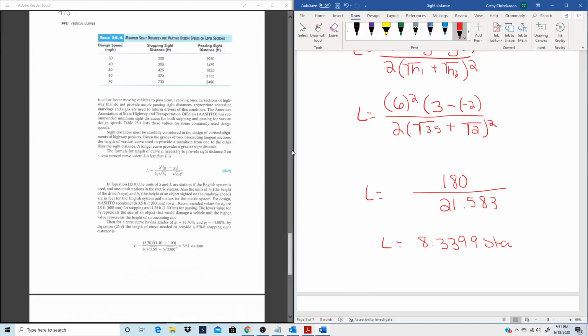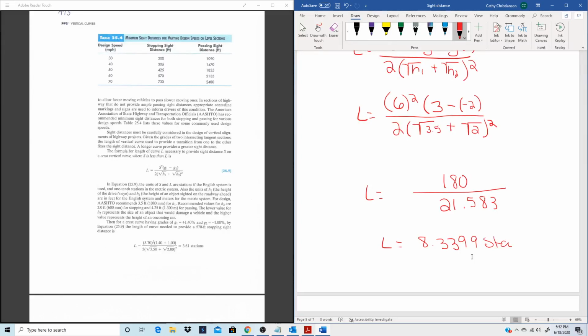So if I'm looking, L is 8.3398 stations. Our S is 6. Where 6 is less than L, and it is, we can stop right here. We wouldn't have to go on any further. This was one of the problems in the back of the book, so you should be able to check your work.